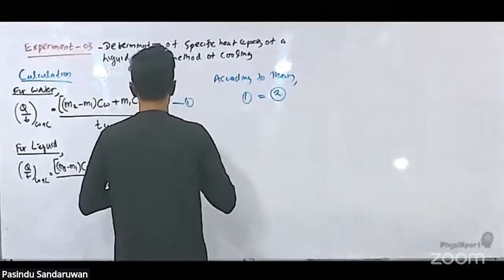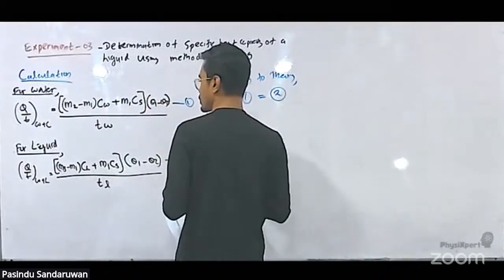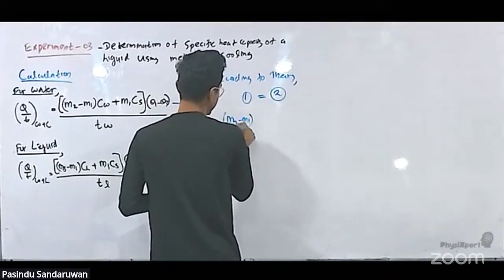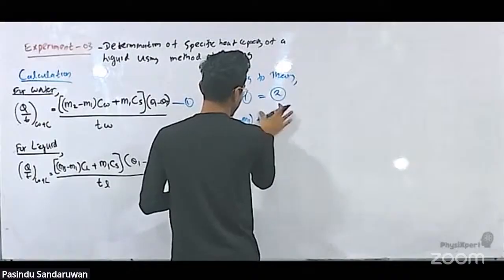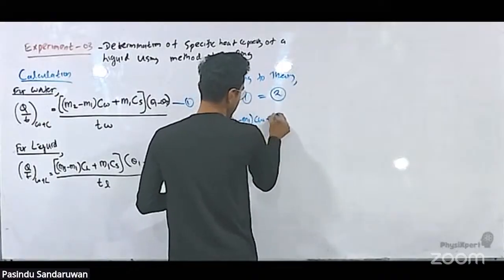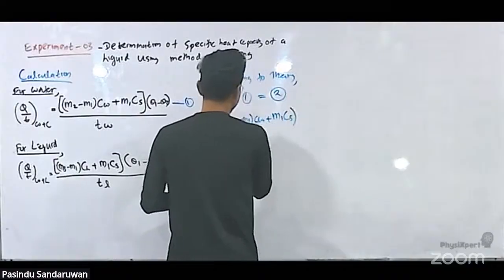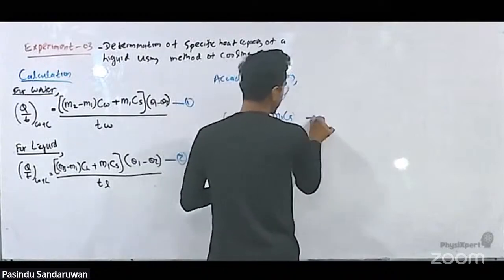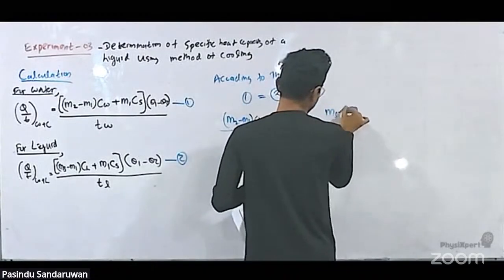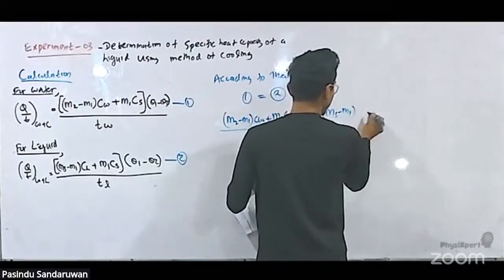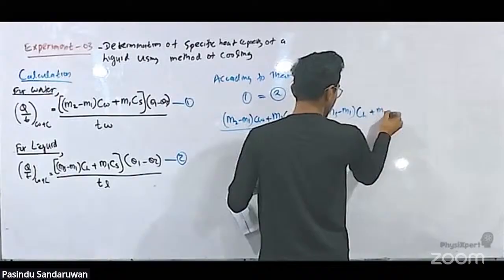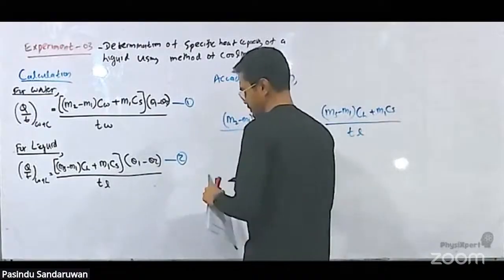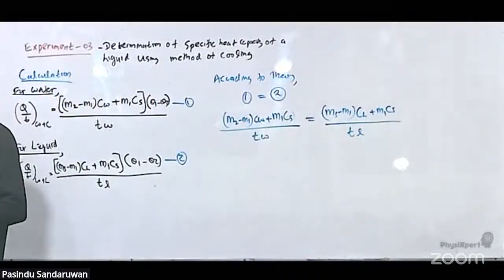Then theta 1 minus theta 2 cancels, and the rest remains: (M2 minus M1) Cw plus M1 Cs over Tw equals (M3 minus M1) CL plus M1 Cs over TL.